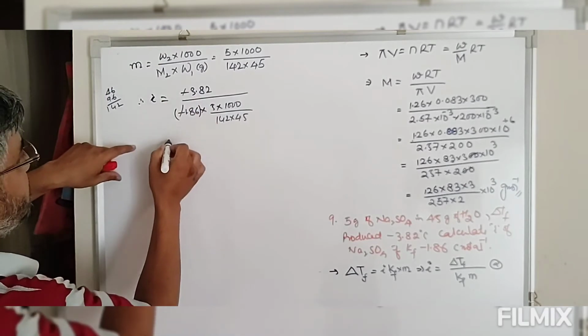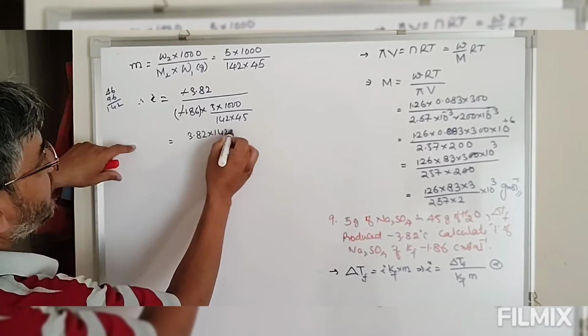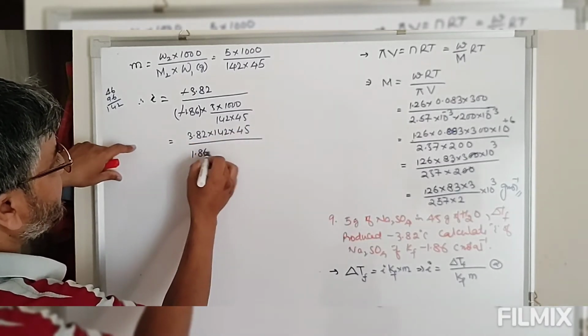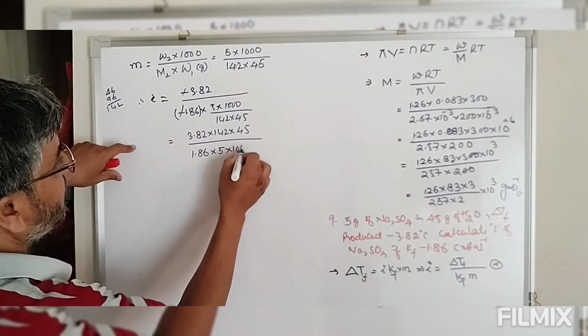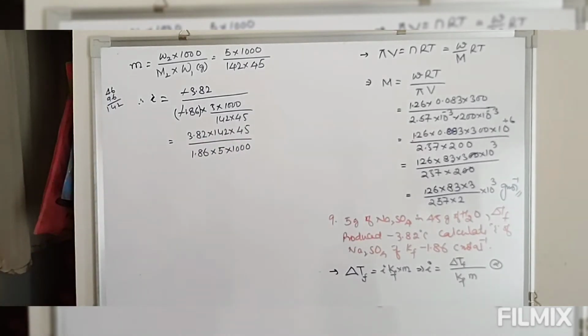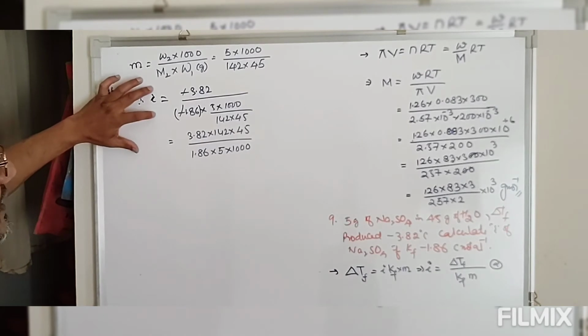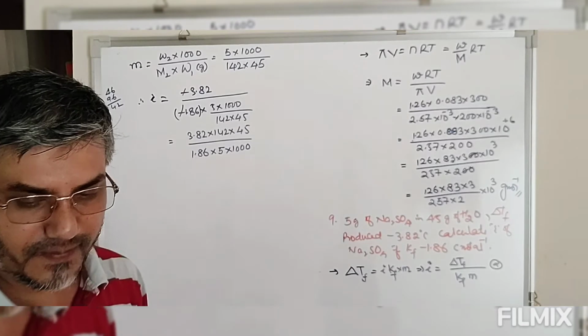So this cancels out. So therefore this equals to 3.82 into 142 into 45 divided by 1.86 into 5 into 1000. So this will give you the value of I. So this is the Van Hoff factor I for this solution.